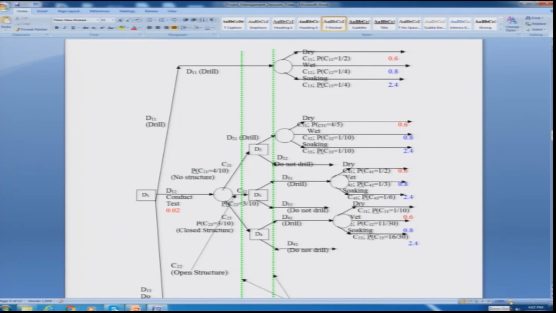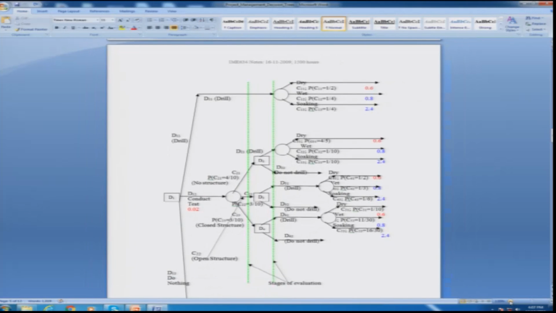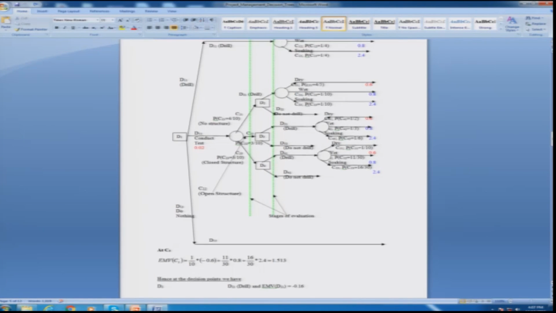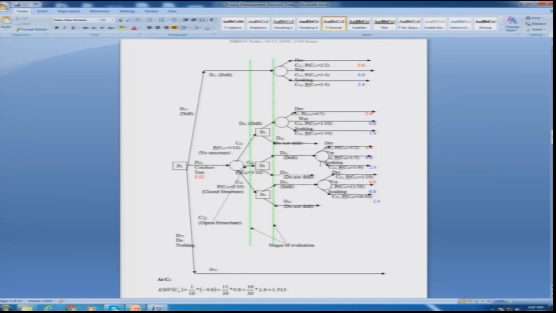Let me reduce and zoom in. If you zoom in, just concentrate on the diagram as such. This is the overall diagram which I have, where I am moving my cursor. These values, dry, wet and soaking, are the structures which I have discussed.